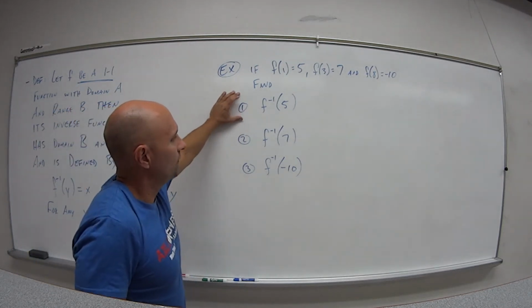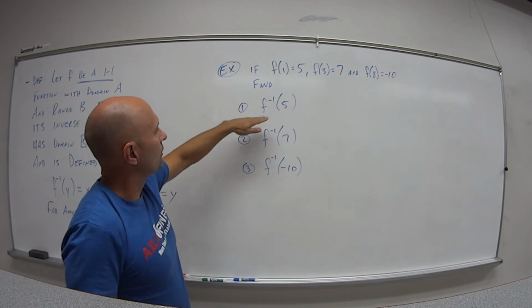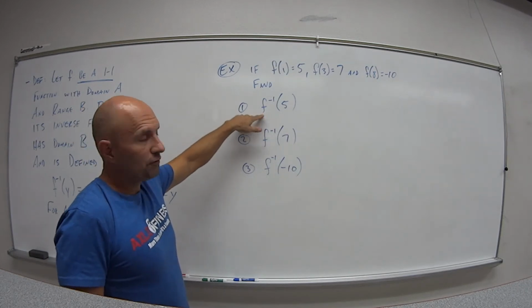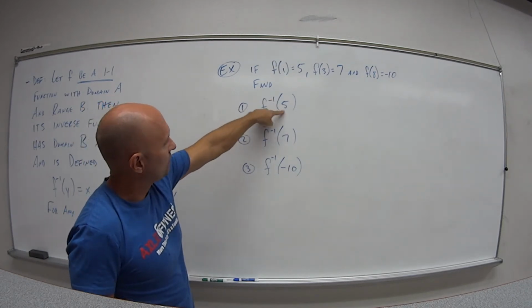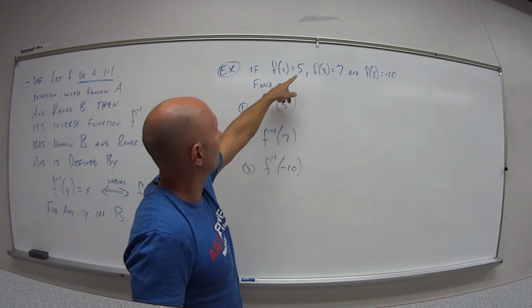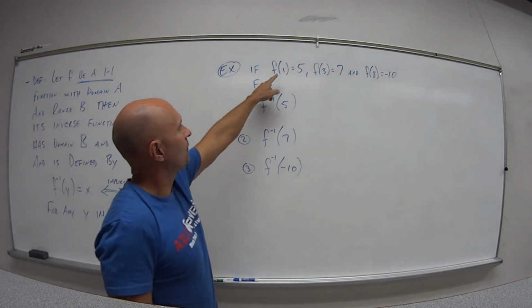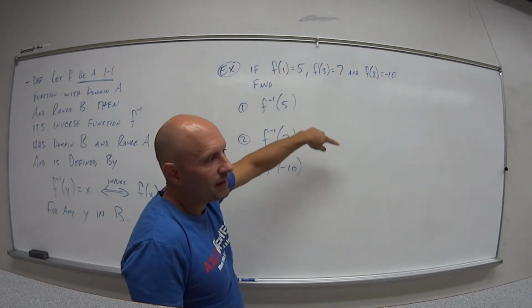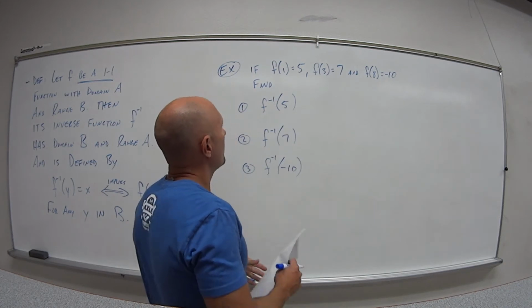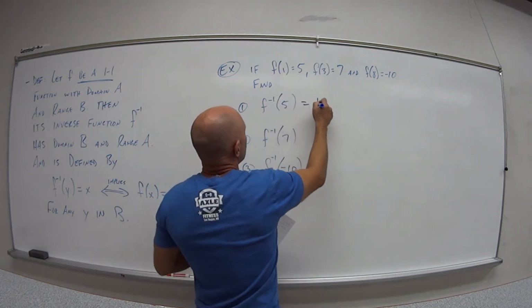So I have this inverse function. If I plug 5 into the inverse function, what number do I get? Well, we look up here. Based off of this definition, if f of 1 is 5, the inverse function takes us the other way. So f inverse of 5 would be 1.